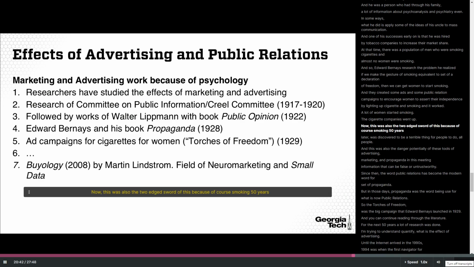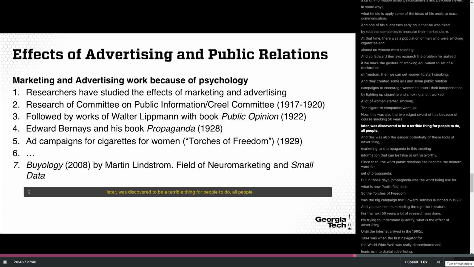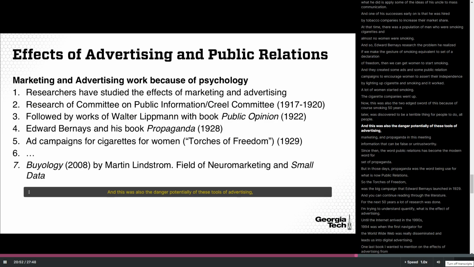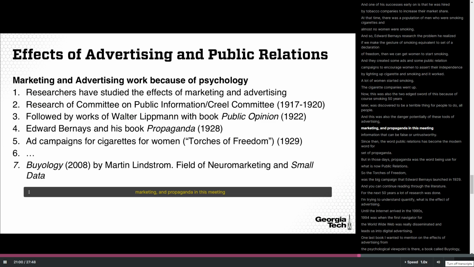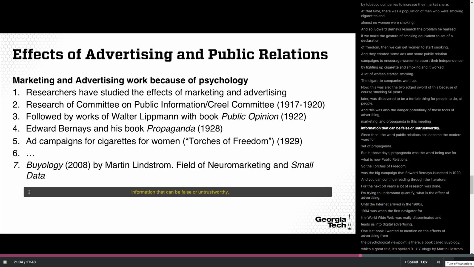Now, this shows also the two-edged sword of this, because, of course, smoking 50 years later was discovered to be a terrible thing for people to do, all people. And this shows also the danger, potentially, of these tools of advertising, marketing, and propaganda in disseminating information that can be false or untrustworthy.